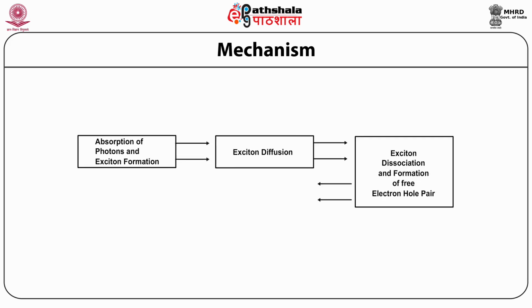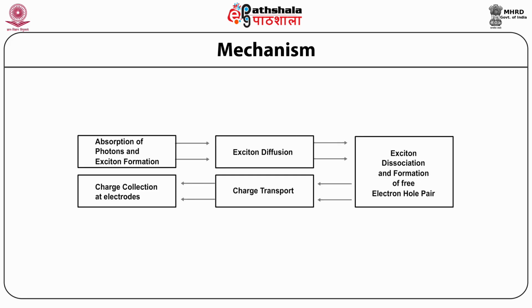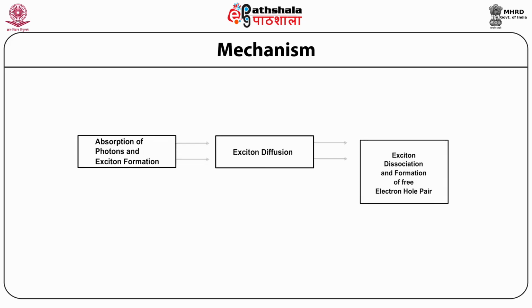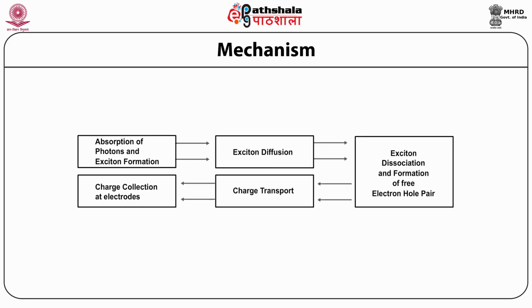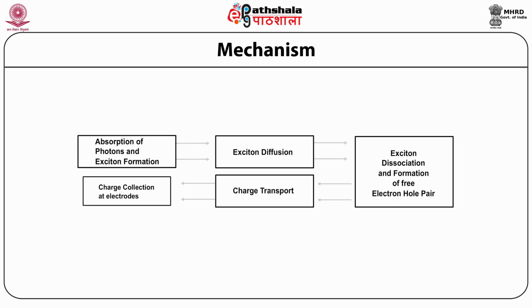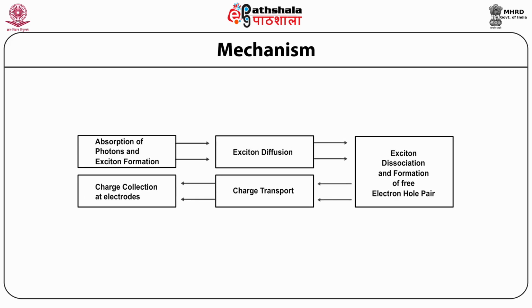This number depends on the fraction of photons absorbed to form excitons, that is eta absorption, the fraction of electron-hole pairs that are dissociated from these excitons, that is eta dissociation, and finally the fraction of separated charges that reach the electrodes, that is eta output.